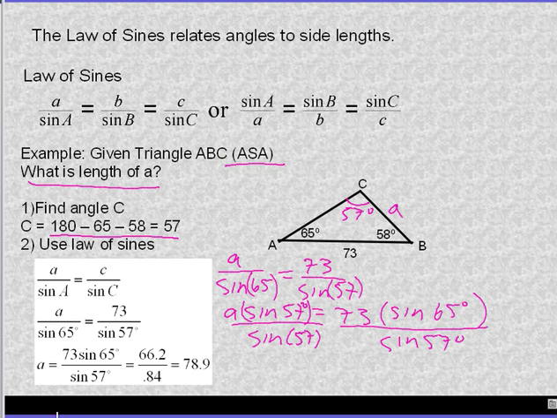I would just plug the whole thing in and get the answer, not get the answer for the top and the bottom. The more rounding you do, the less precision you have, but it should be approximately 78.9 in length. So it's really just setting up a proportion, which is two ratios set equal to each other, allowing you to cross multiply and solve for your unknown.